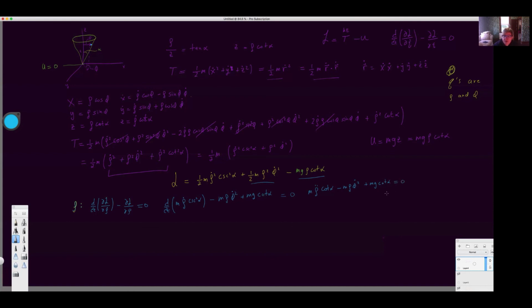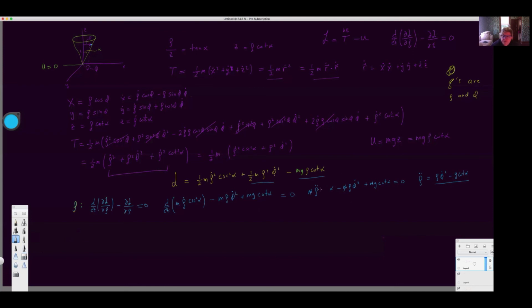Okay, so if we solve for rho double dot here, which is kind of standard, first we can get rid of all these m's, they all cancel. So our differential equation is rho double dot equals rho phi dot squared minus g cotangent alpha, all over, and I think I wrote cotangent, that's supposed to be a cosecant squared alpha.